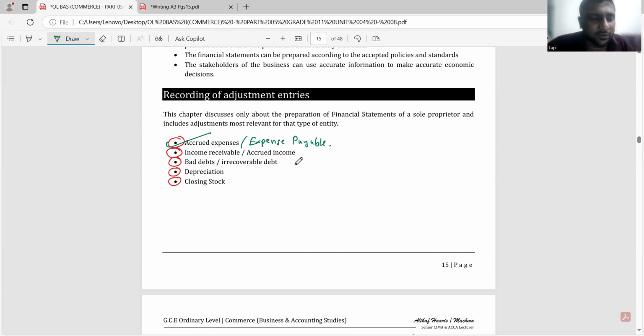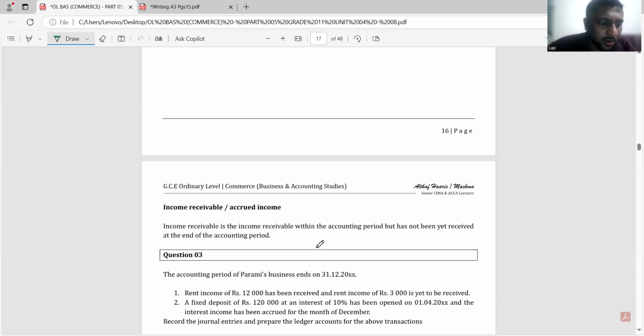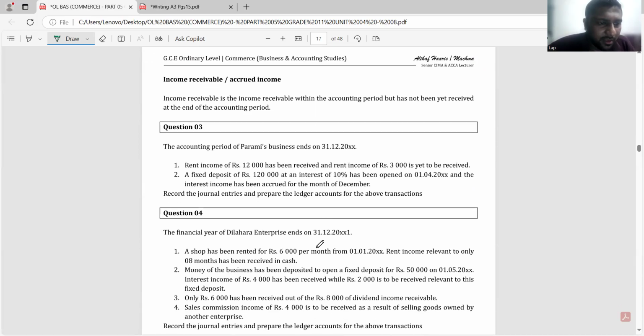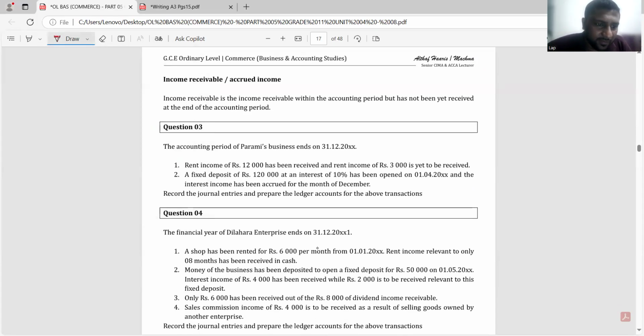Now let's move to the next one, accrued income. Accrued income, children, is past income not yet received. Not the main sales income, except for the sales income.